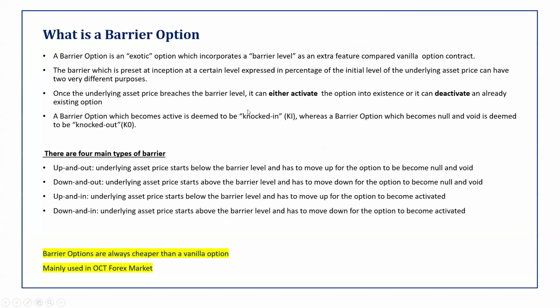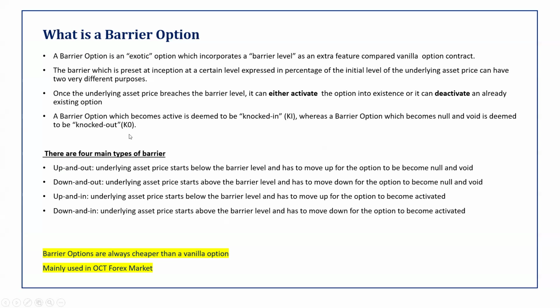That is, there is a concept called a knock-in. The price goes and touches a certain point, then the option contract will become active. If the price breaches a certain level and the option becomes deactivated, null, void, then we call it knockout.